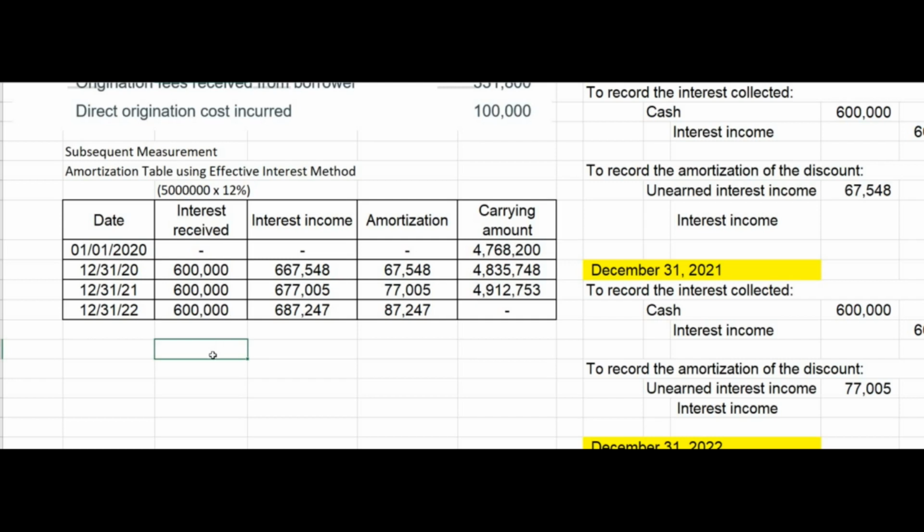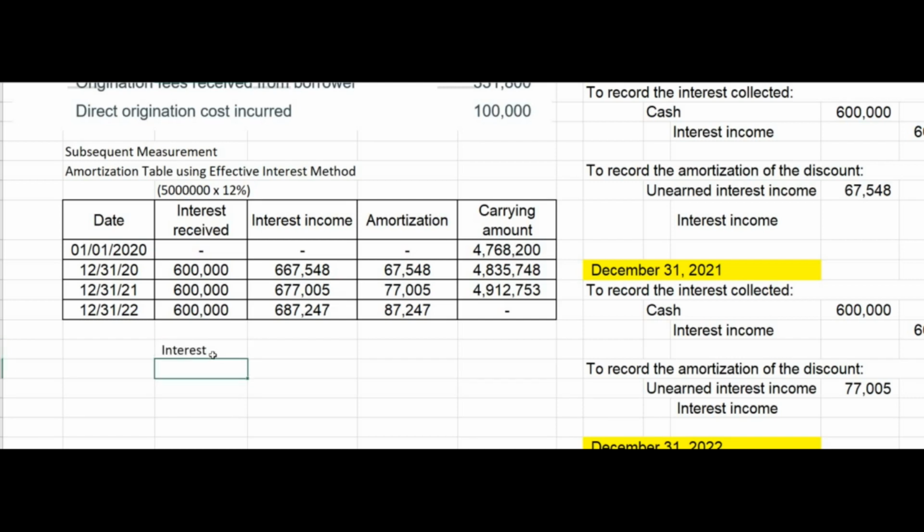We have to account for those cash na ine-expect nating makuha galing sa loans na to. Ano bang mga expected cash flows natin from this particular loan? Of course, we would expect interest.